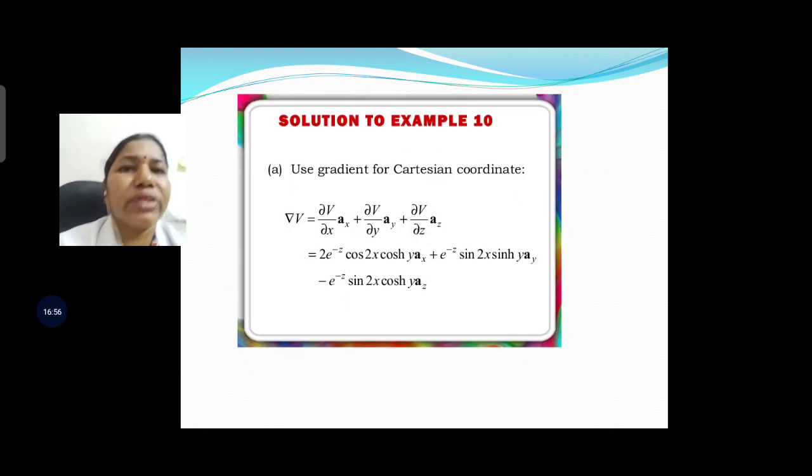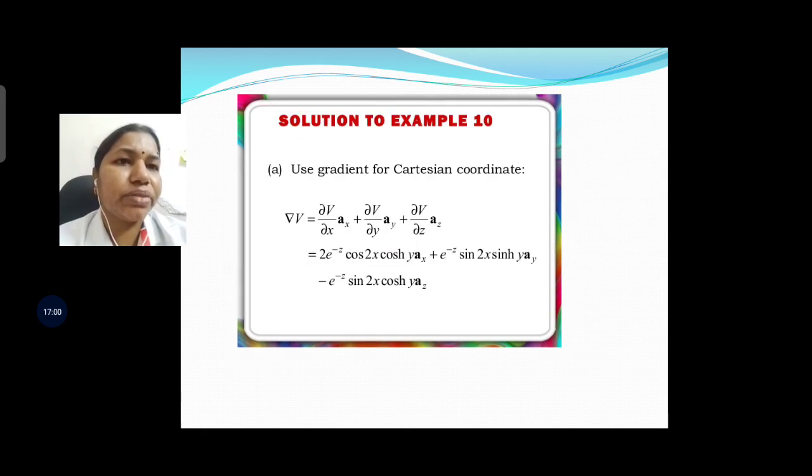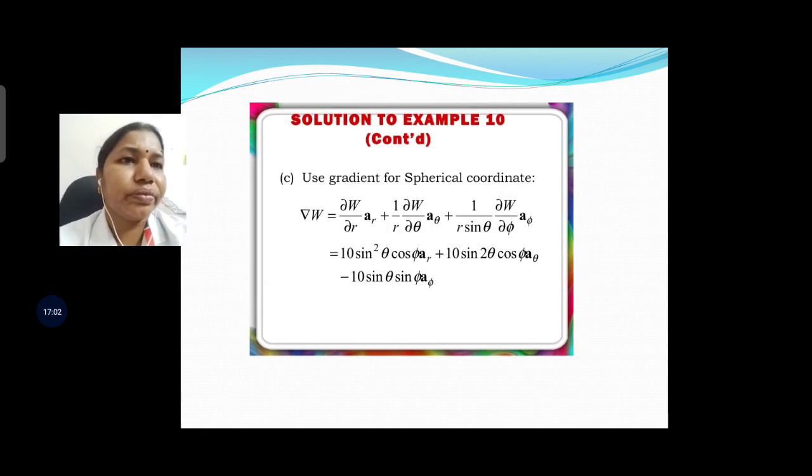So for sin square theta, we have to differentiate with respect to theta. We will get sin 2 theta. The next one is 1 by r sin theta dou w by dou phi, so it is multiplied with 1 by r sin theta.